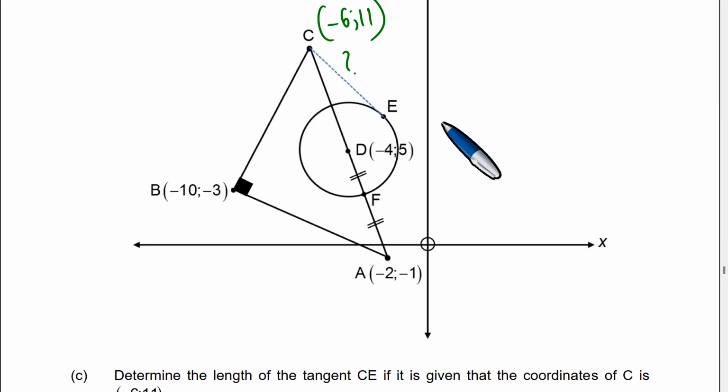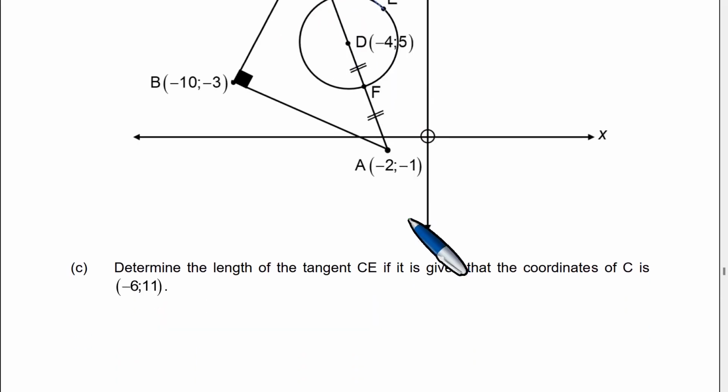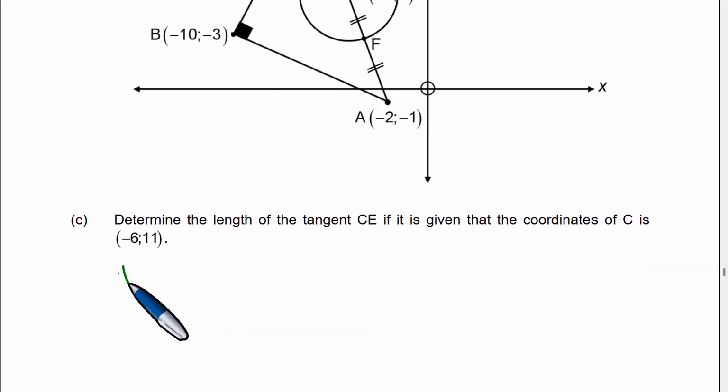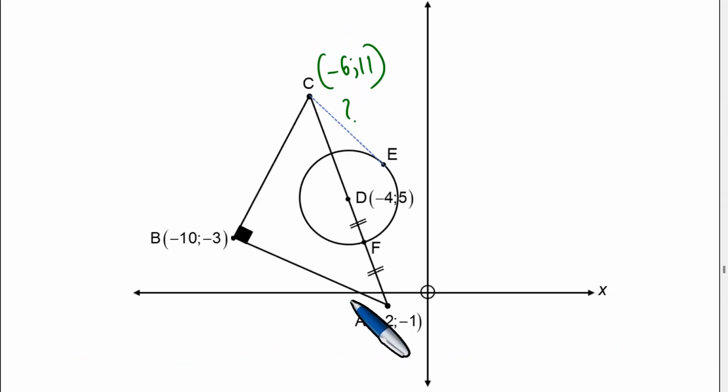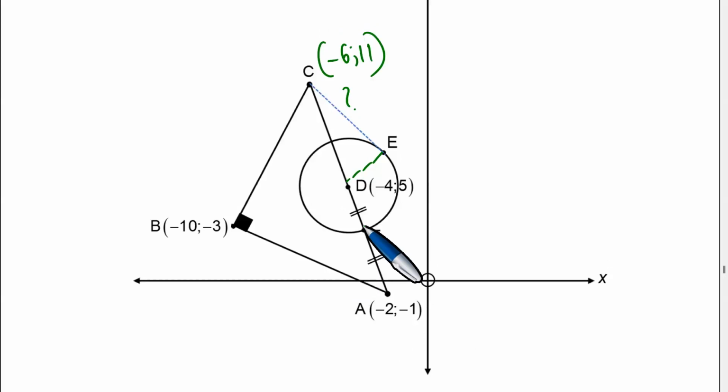Where do we start? We're going to work in triangle CDE. If this one was said to be a tangent in the question, then the tangent is perpendicular to the radius, because this is the center. From the center to the circumference, we have a radius.